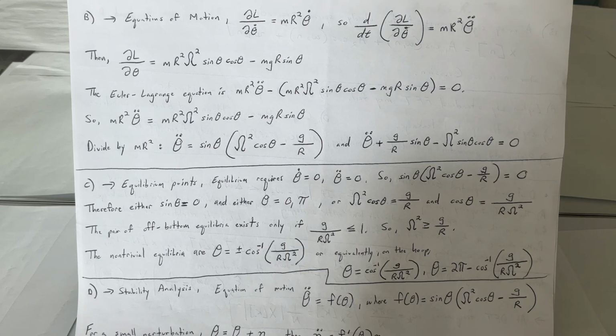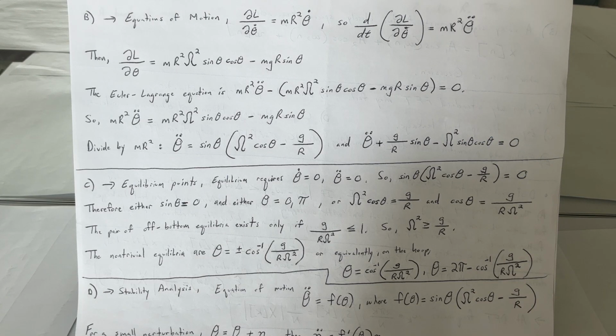Dividing by mr squared, theta double dot equals sine theta times the quantity omega squared cosine theta minus g over r, and theta double dot plus g over r sine theta minus omega squared sine theta cosine theta equals 0.